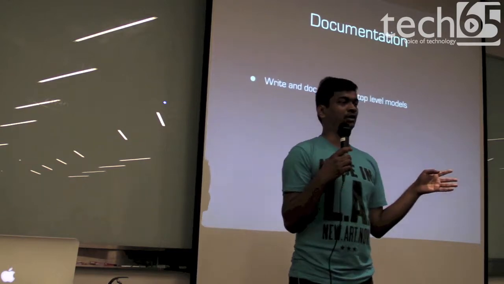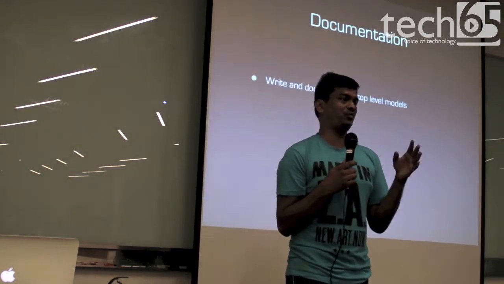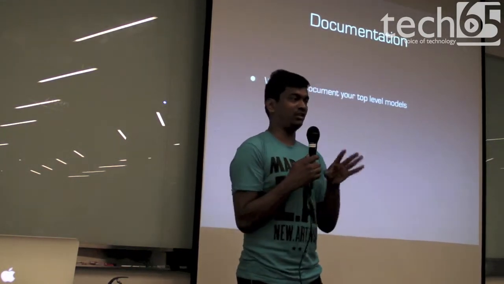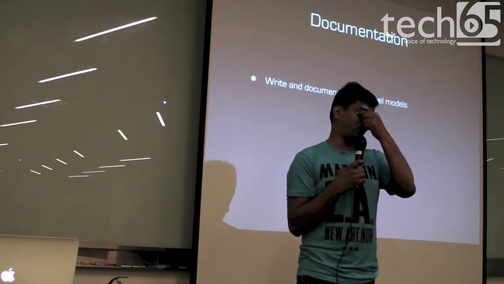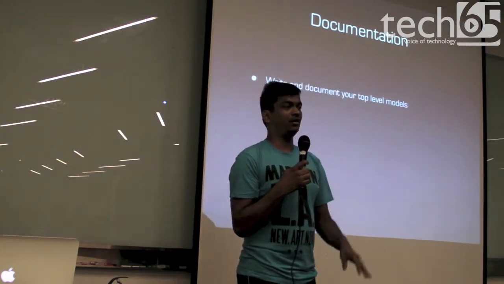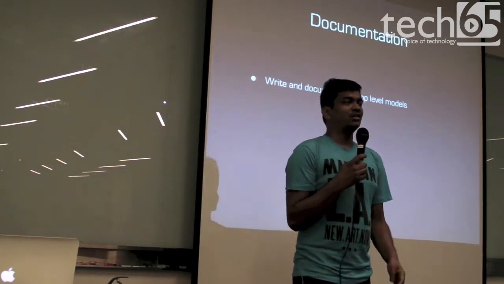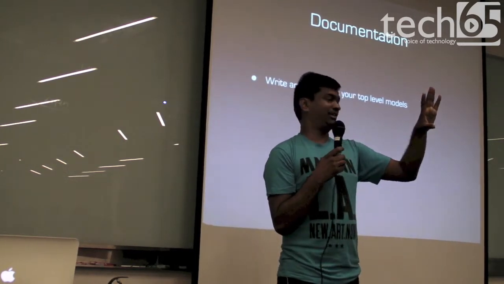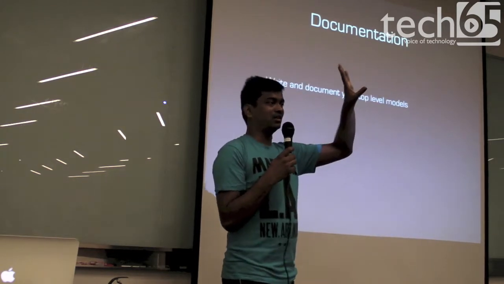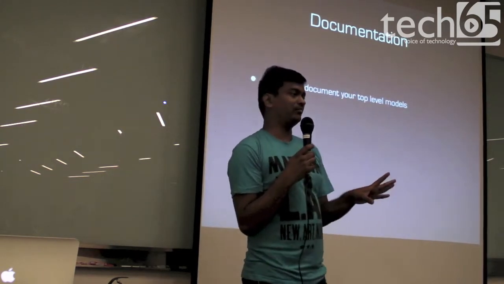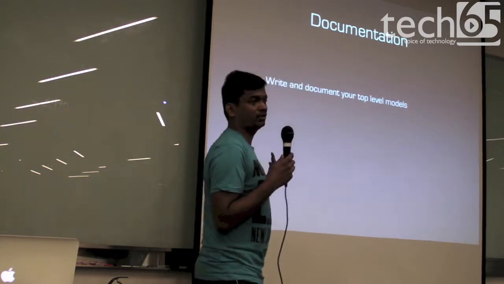That's not going to help anyone, because you'll be changing your responses quite often. Whenever you change your columns in your database, you're going to change responses in your output. So don't just document, hey, this is the URL, this is what you have to call, these are the parameters you have to pass, and this is the output. Don't do that. Instead, document your top level models.